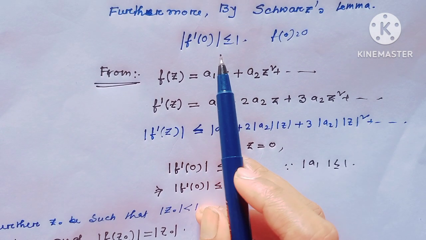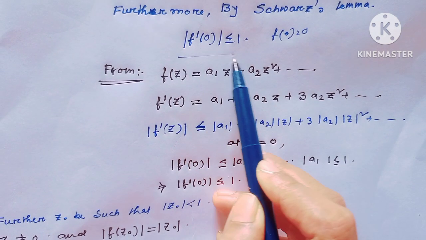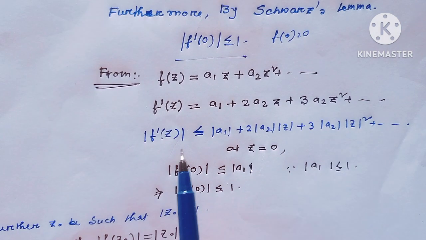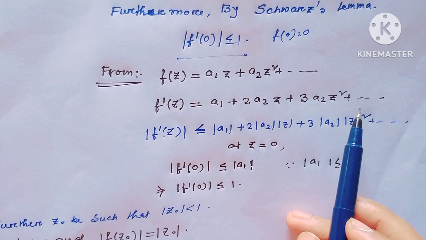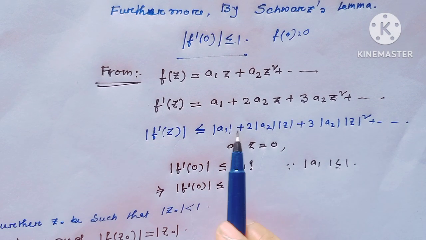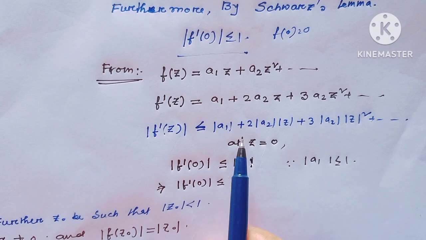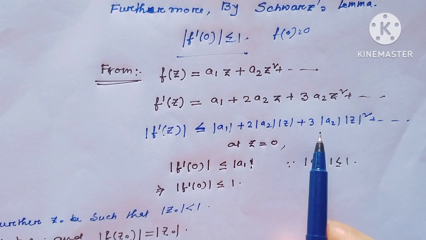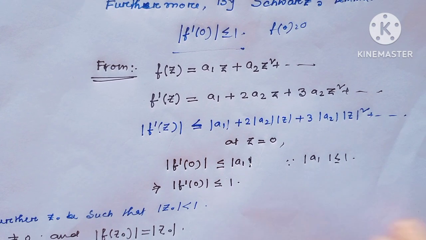Then f prime z would be a1 plus 2 a2 z plus 3 a3 z squared, and so on. Then if we apply mod on both sides, modulus of f prime z would be less than or equal to modulus of a1 plus 2 a2 modulus of z plus 3 a3 modulus of z squared, and so on.